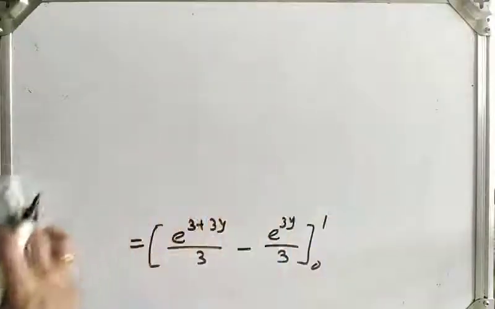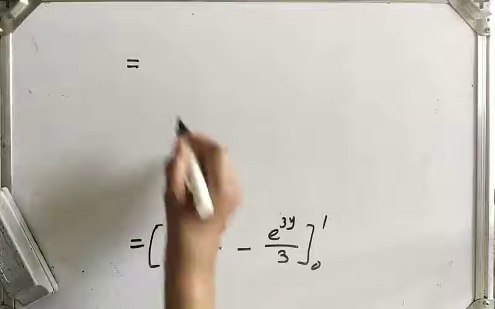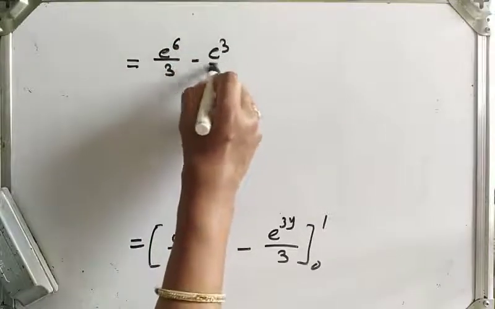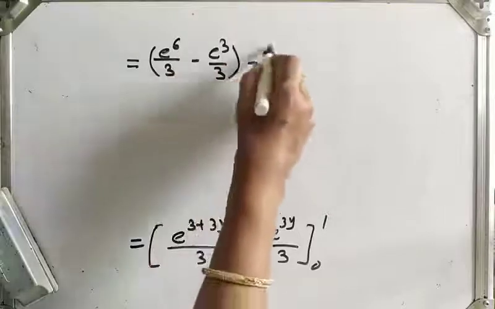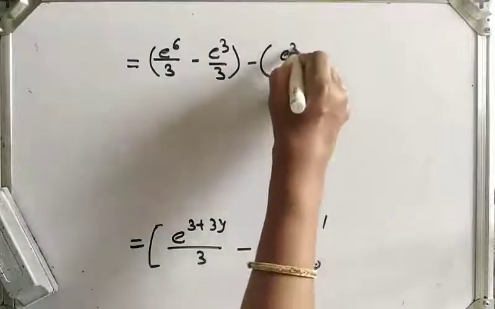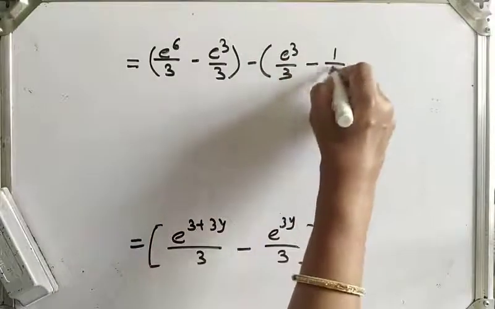Upper limit 1, so put 1 in place of y: e raised to 6 upon 3 minus e raised to 3 upon 3, minus the lower limit 0, that is e raised to 3 upon 3 minus e raised to 0, which means 1 upon 3.